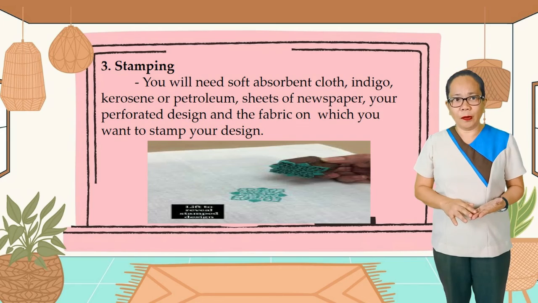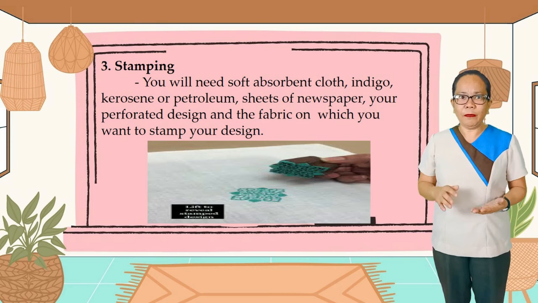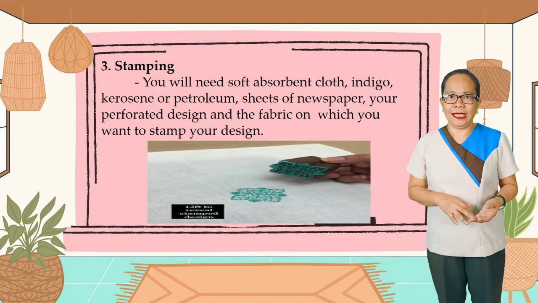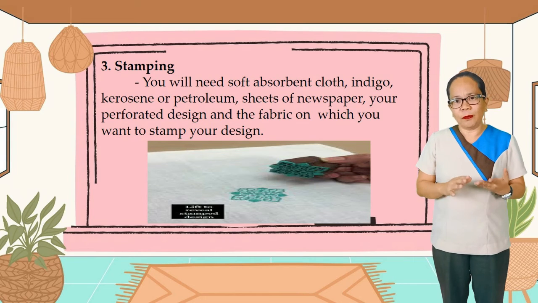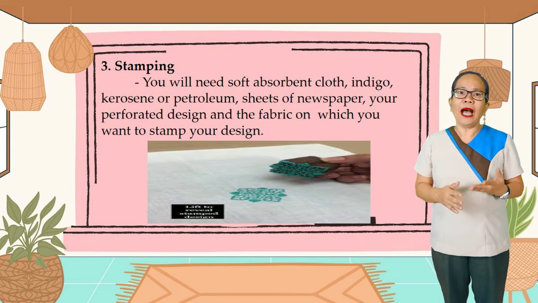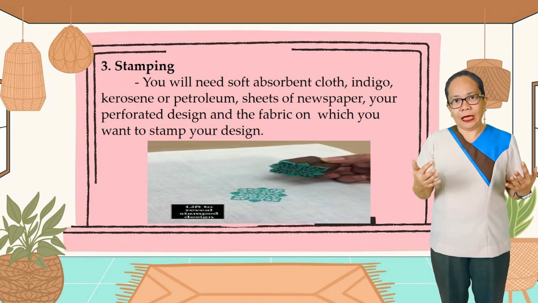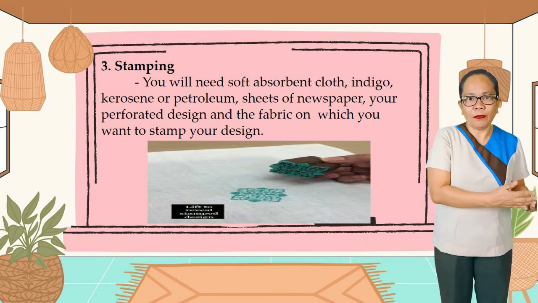You will need soft absorbent cloth, indigo, kerosene or petroleum, sheets of paper, newspaper, your perforated design and the fabric on which you want to stamp your design. So, among the three methods of transferring the design, ito ang pinakamahirap at pinakamaraming kailangang gamit before you can transfer the design to the fabric.